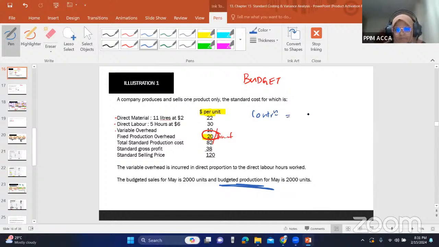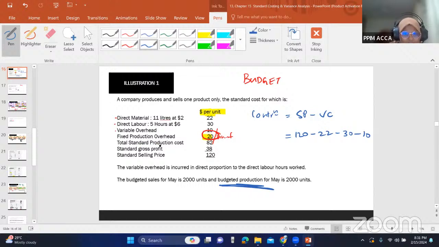Contribution, selling price minus variable cost. Selling price is 120. Then let's take all the variable cost. Direct material is variable, so minus 22. Direct labor is also variable, minus 30. Variable overhead is obviously variable, minus 10. Fixed production is not variable cost.